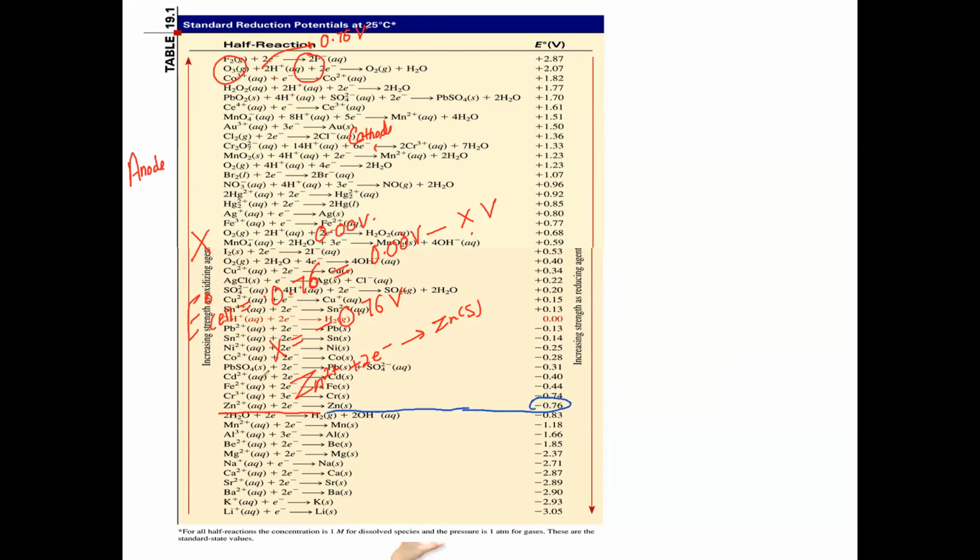The same. The one I was writing. We calculated. That's what I was trying to tell you, that all these half reaction potentials are measured with respect to hydrogen. The one which has more potential for reduction, they are above it. The one which has less reduction potential, they are below it. Right?